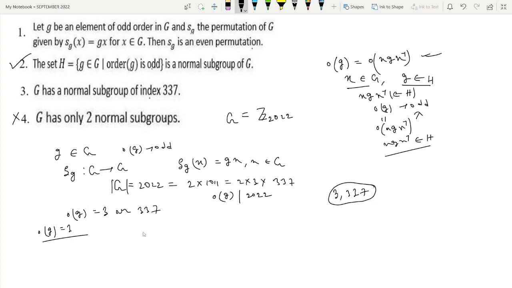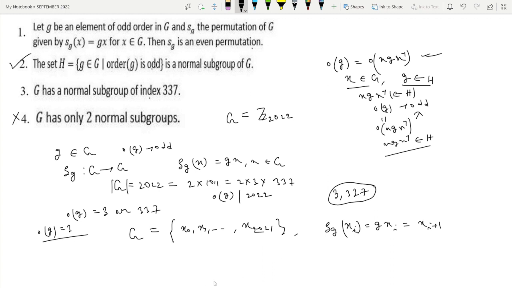Now see, we can write this group G explicitly like this, say x0, x1, dot dot, x2021, where x0 is the identity element, and we are writing this in such a way that S_g(xi) is equal to g xi, and we denote this element by x(i+1). So in this way we can write the elements of G.